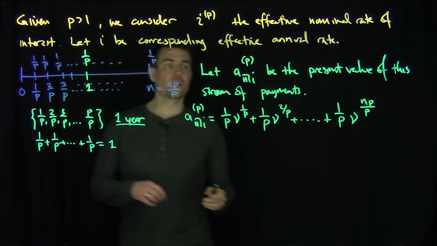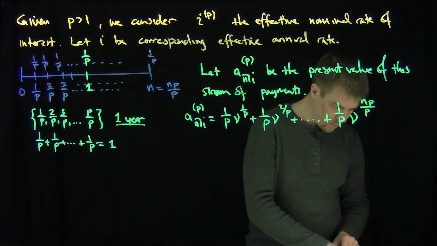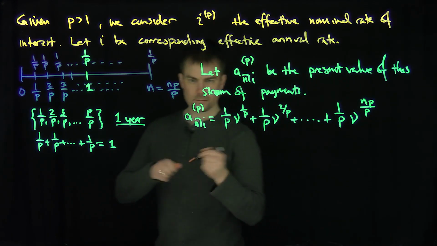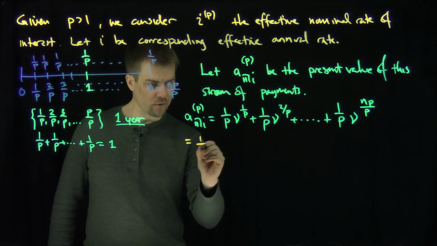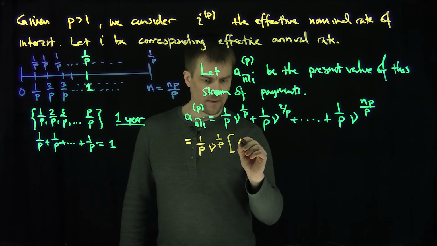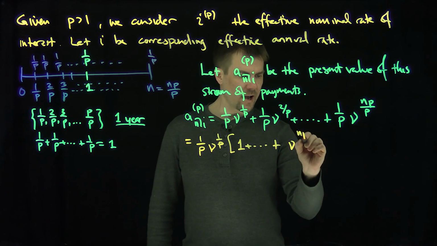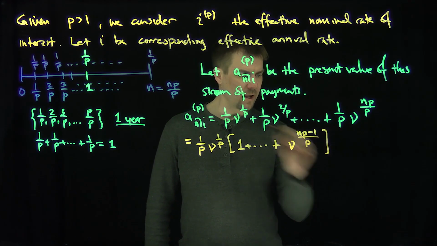What we have here is a geometric progression with a common factor of 1 over p. I'm going to pull out a 1 over p and a nu to the 1 over p out of everything. Then I'm left with 1 plus all the way down to nu to the (np minus 1) over p.